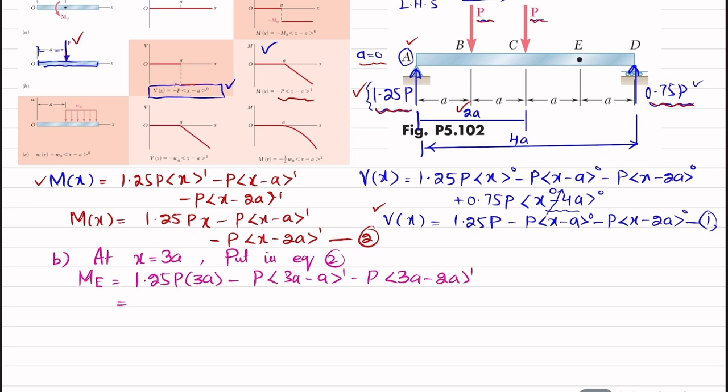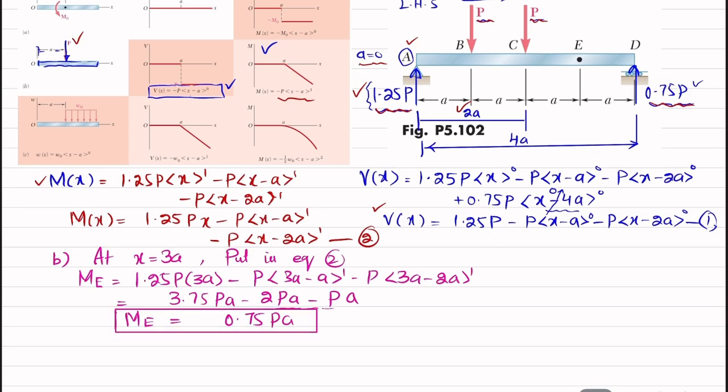So it will give us 3.75 PA minus 2 PA and minus P into A. When you solve this, these two are minus 3P plus 3.75P. So it will give you 0.75 P into A. So this will be the moment at point E, and that is the answer of our second part.